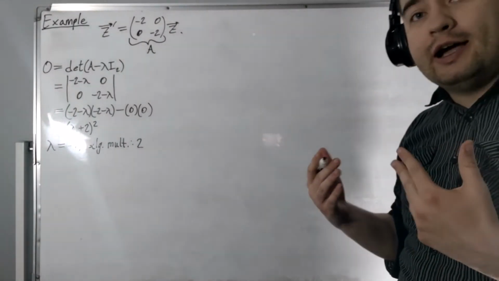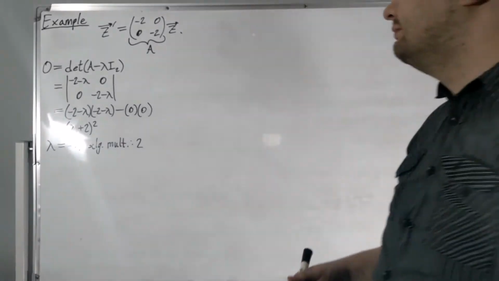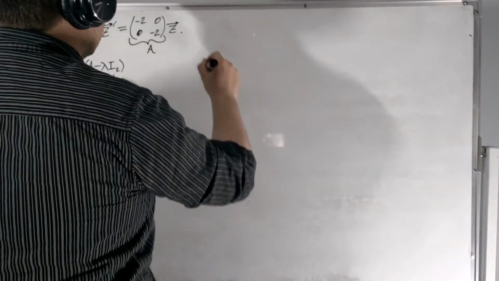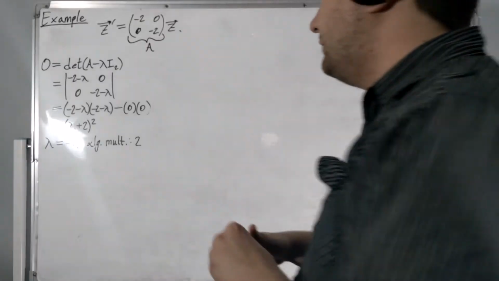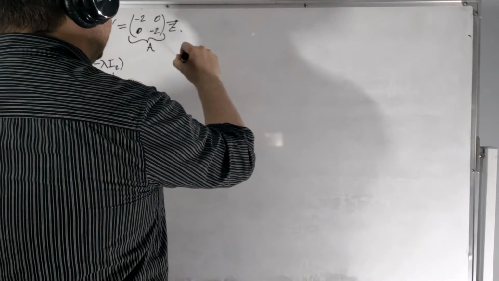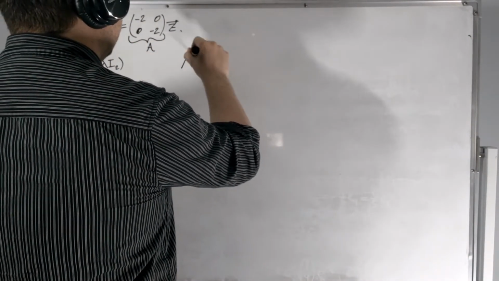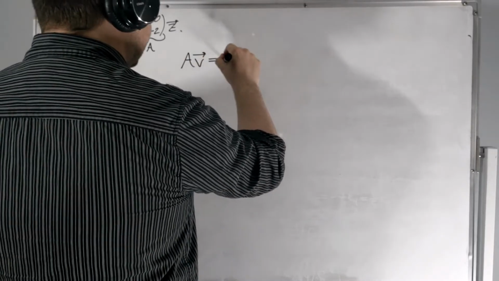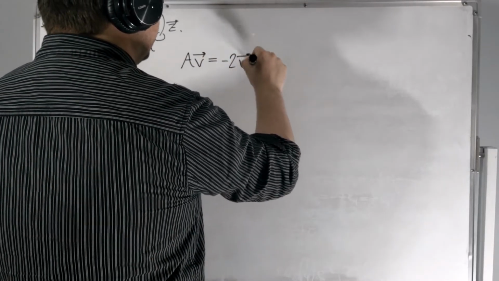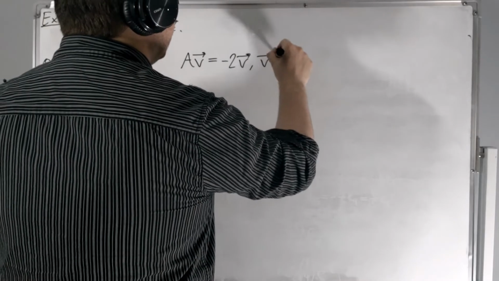Now let's inspect the eigenvectors. To find the eigenvectors, what we need is A times v vector equals -2 times v vector, where v vector is not the 0 vector.